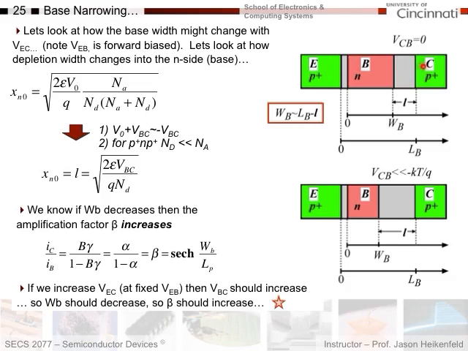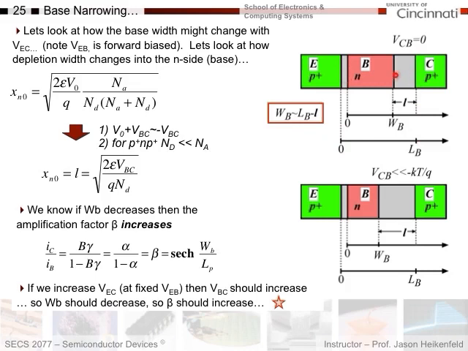For this simple case, I've assumed it's a P plus N P plus, so these are heavily doped. That means all the depletion width will be into the lightly doped region, which is the base. And so here's my base width in terms of the N-type material. It goes from 0 to LB. That's my full length of my N-type material, and all the depletion is into the N-type material.